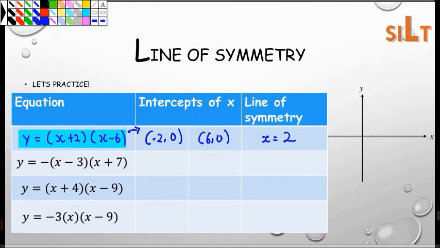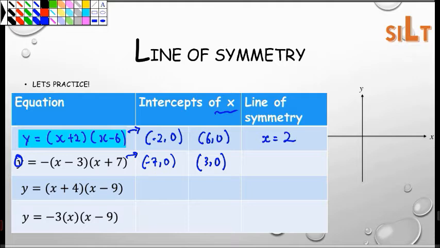Check your answer. Now for the first example, when I want to find the line of symmetry, I need to find the x-intercept first. So I let y be equal to 0, and therefore this is -7, 0. This is 3, 0.